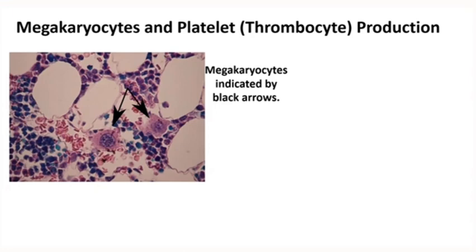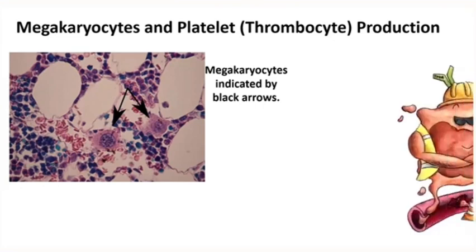Now, here are two megakaryocytes in the bone marrow. Notice that they are surrounded by different types of cells, including clusters of red blood cells. Megakaryocytes function to help in the repair of damage to the circulatory system, particularly that caused by trauma of some kind, but disease as well.